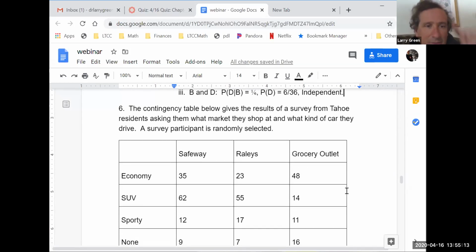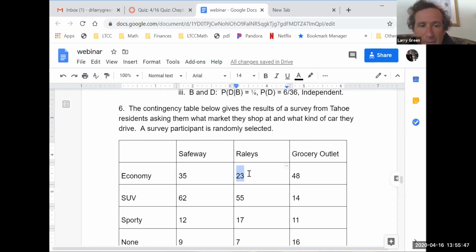Now comes the next one. Okay. So this is what's called a contingency table. A contingency table basically means that you have two survey questions or two variables, and the numbers in the table, for example, 23, tell you that there were 23 people who were driving an economy car and shopped at Raley's.